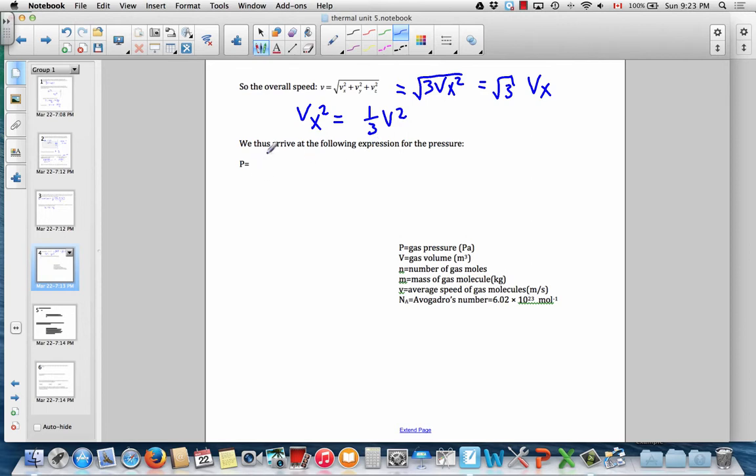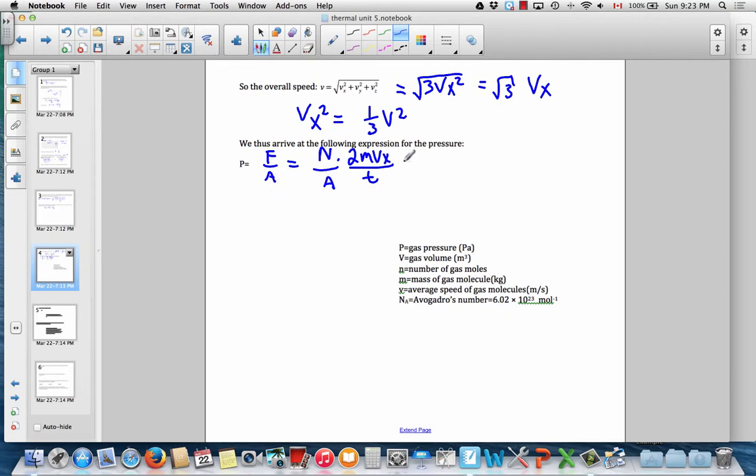So for our pressure, which is going to be a collision force over an area, the collision force is the number of collisions times this expression here, which was from the very first page in our derivation. So that's just the mass times the change in velocity over time. That's the acceleration. Now we're going to divide by the area in front here.